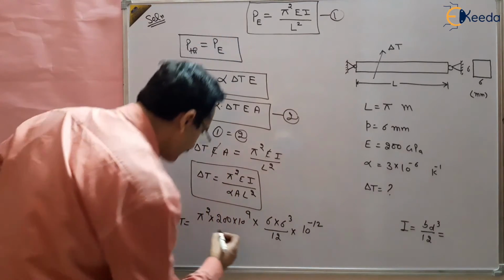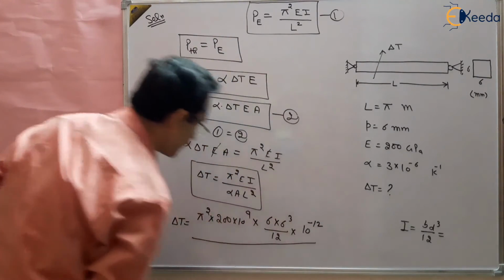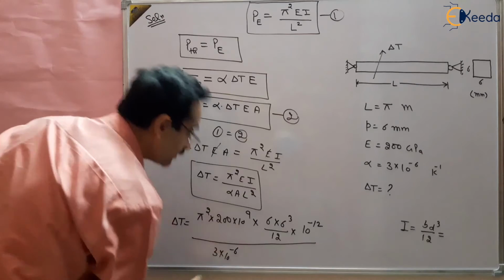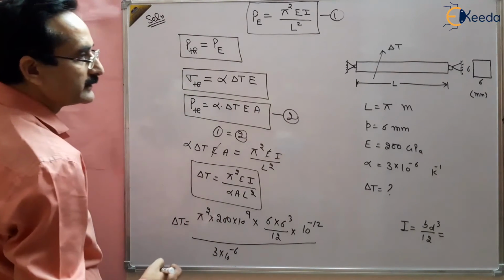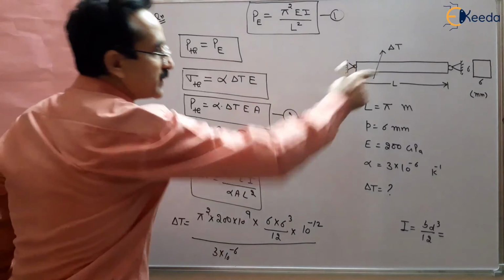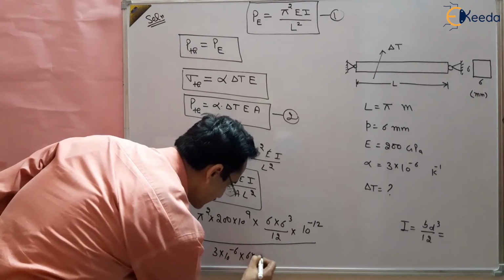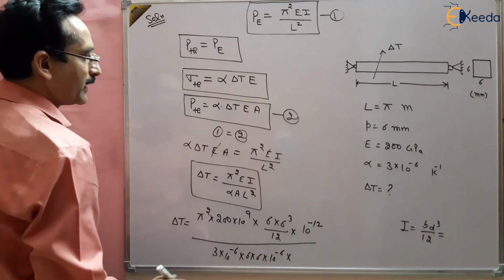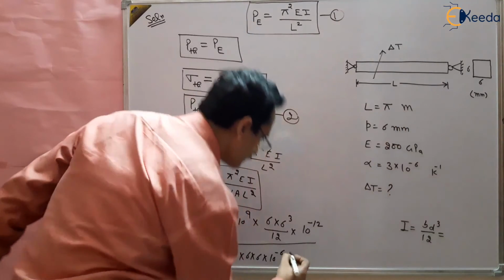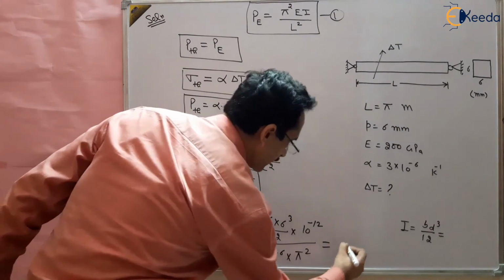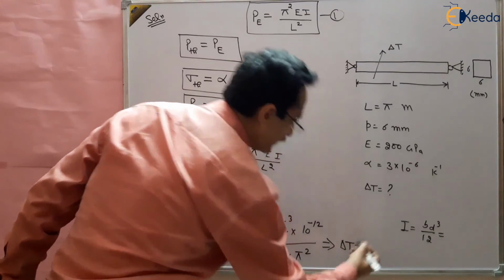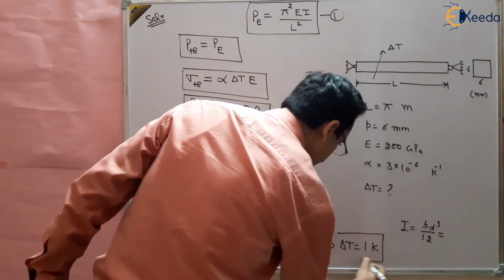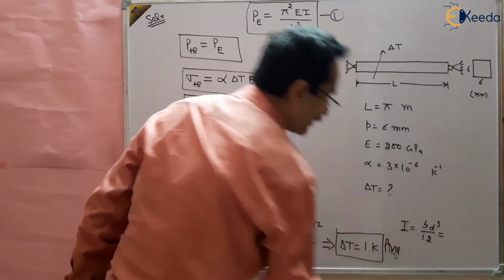So 10 power minus 12 divided by alpha. Alpha is given to us, 3 into 10 power minus 6. Alpha A, area is given to us, that is 6 by 6 multiplied by 10 power minus 6 meter square. L square, L is the length, pi meters, so pi square. Solve it and you will get delta T. So it will come out to be, solve it and you will get the answer as 1 Kelvin. So this is the answer of this question.